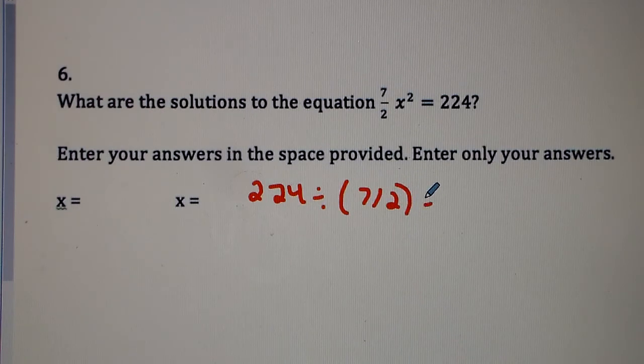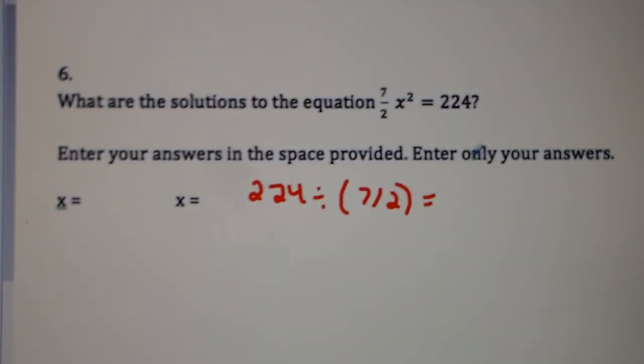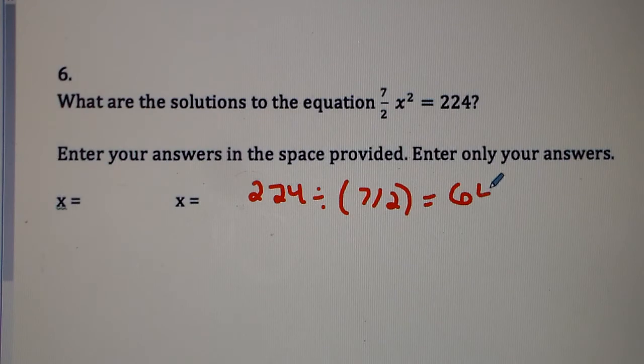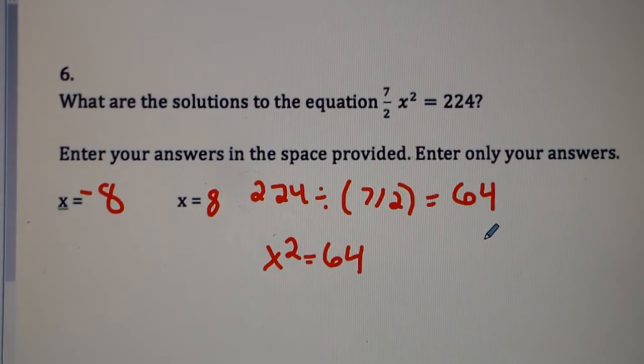Close parentheses. And what that comes out to be is 64. So we have x squared is equal to 64, and the square root of 64, you guys know, is positive 8 and negative 8. So that's the answer to number 6.